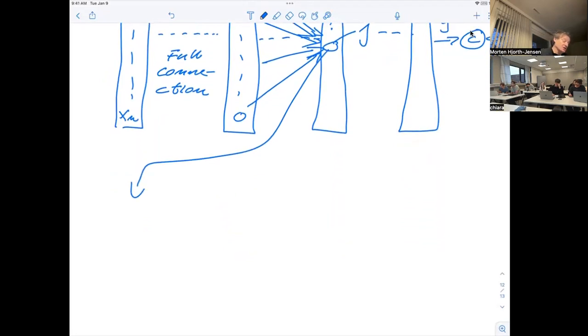So this set J of a layer L, this is the input value to that layer. This is now given by a sum over I equal 1 up to n_{L-1}, that's the number of nodes we had in the previous layer.